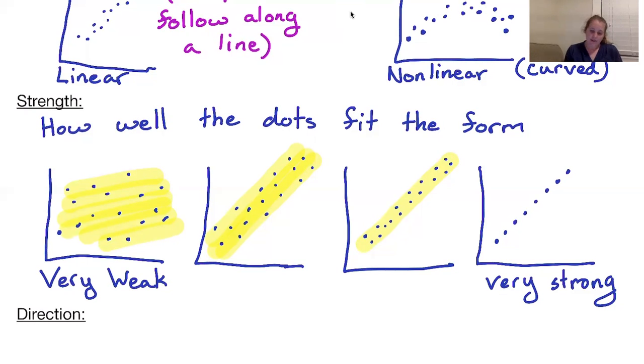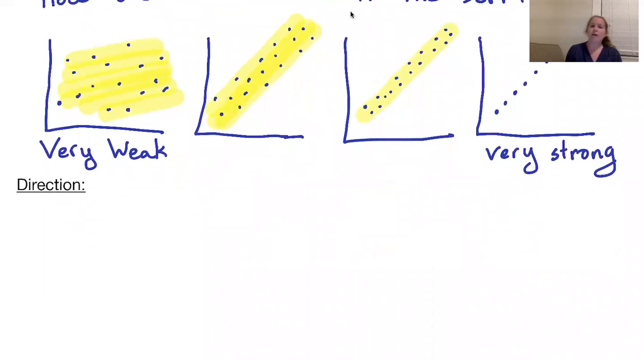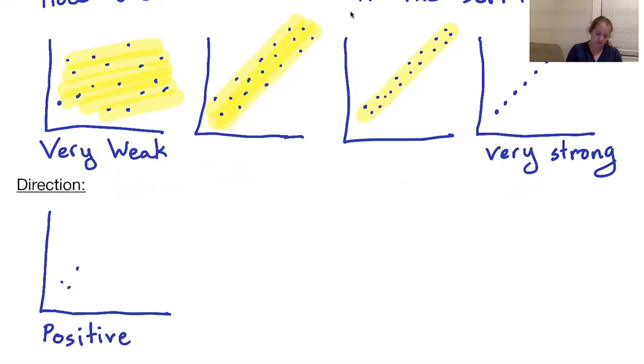The direction, focusing now on linear again, we're going to use direction essentially the same way we refer to slope. So we'll have a positive correlation or a positive direction. For a positive direction, the line has a positive slope.